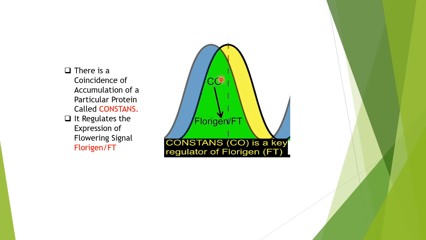So there is an accumulation of a protein which is called CONSTANS, which is controlled by the CONSTANS gene, and once there is an accumulation, this will result in the expression of another gene which is called the Flowering Locus T gene.